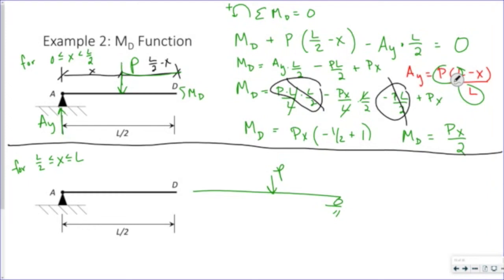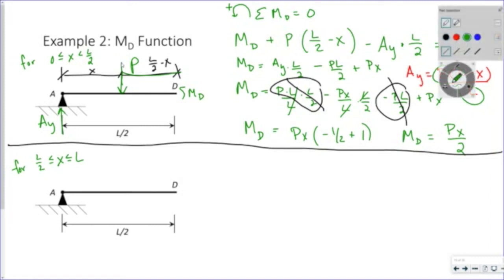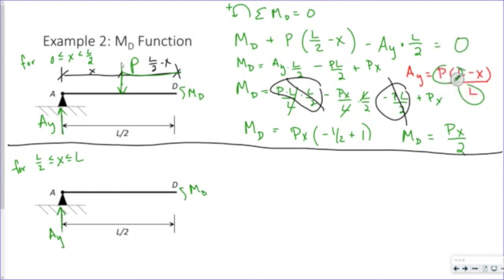If I look at my second one, now the load is somewhere on the second half of the beam. So the only forces I have acting are my vertical load and my moment at D. So if I take the sum of the moments about D equal to 0, I have my moment at D minus AY times L over 2.